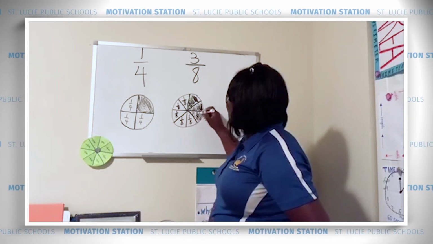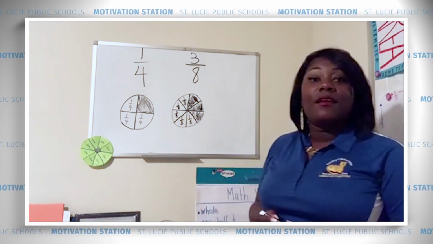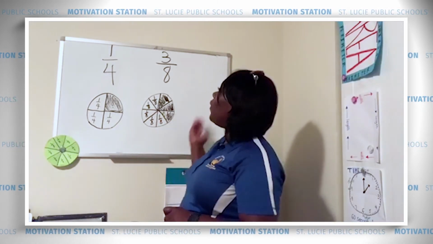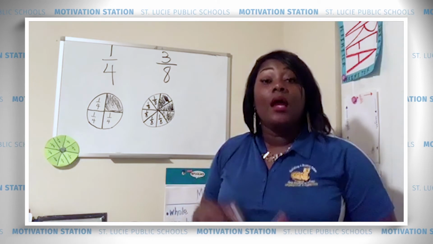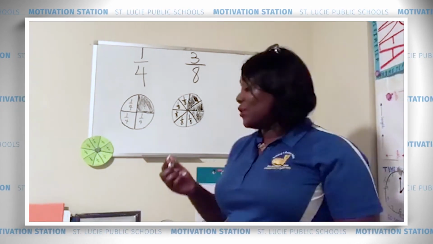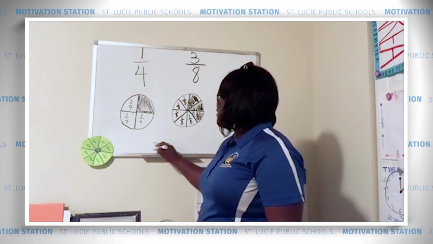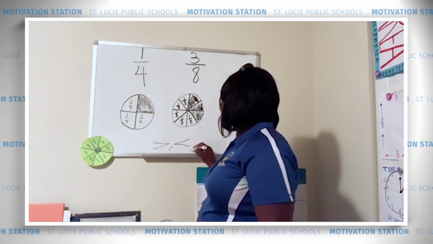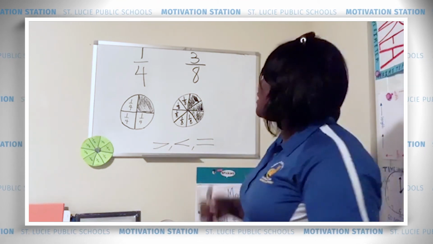And 3/8. So which is more? 1/4 or 3/8? Remember, when you are comparing fractions, you need to use those symbols: greater than, less than, or equal to. Which is more?